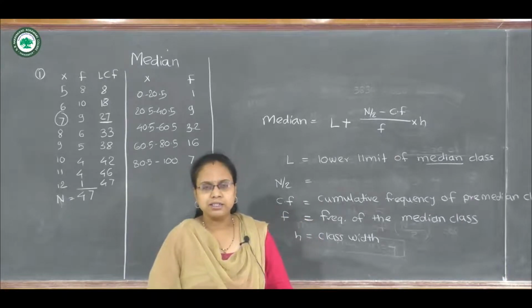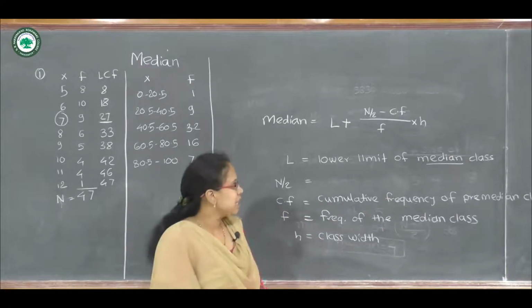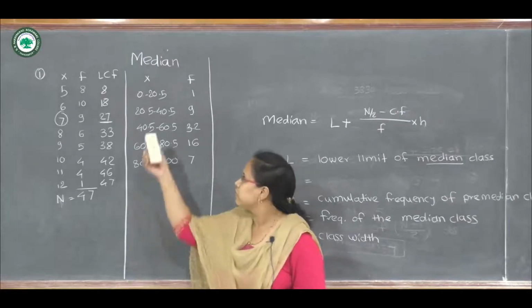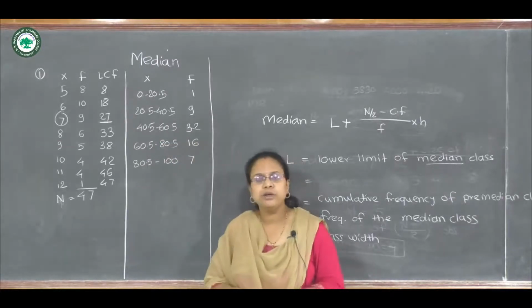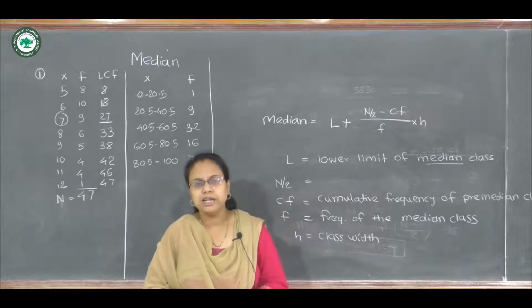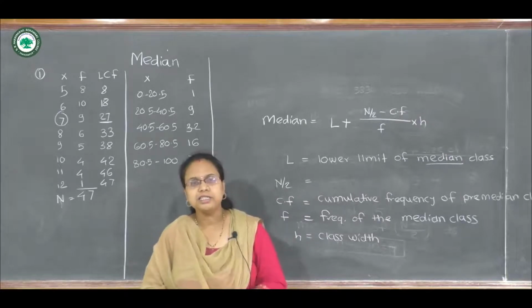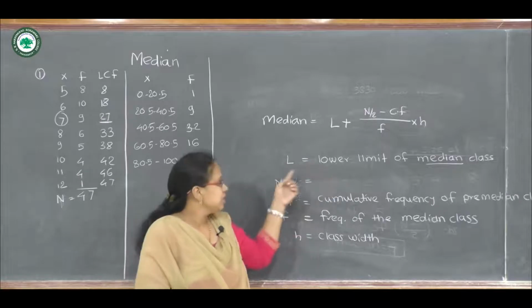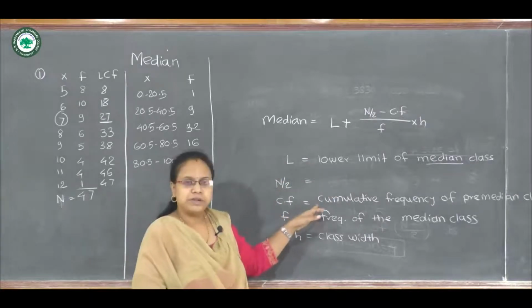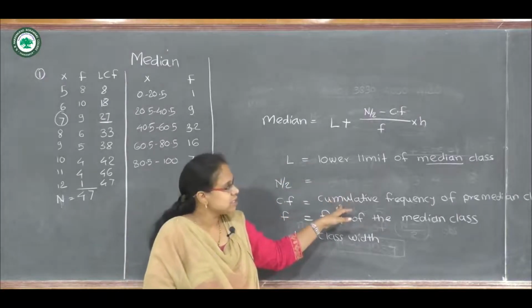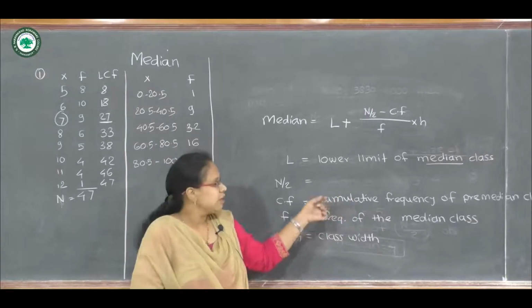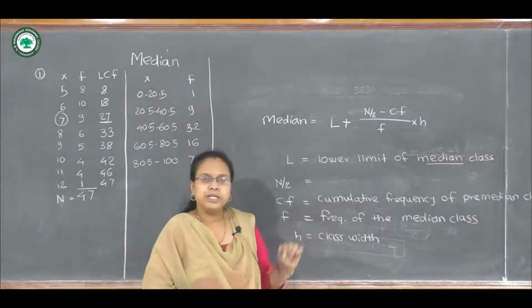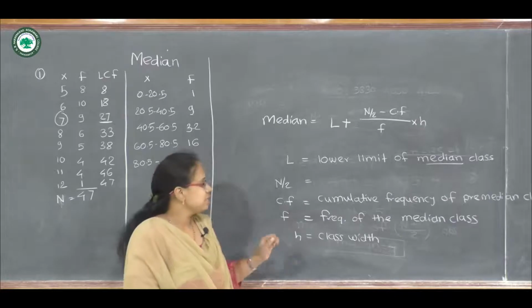Then we have to find the median class. This is the second step: the median class can be obtained by using the less than cumulative frequencies which we can calculate. Then the next step is to obtain the lower limit of the median class, then obtain the cumulative frequency of the pre-median class, or the cumulative frequency preceding the median class.